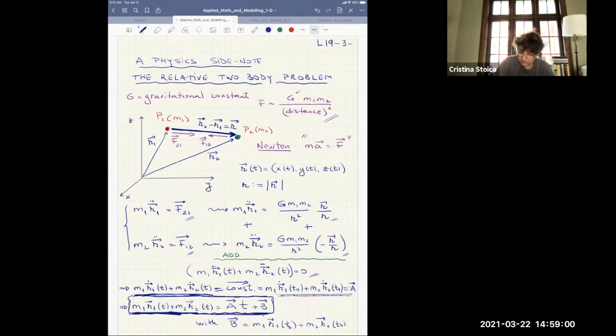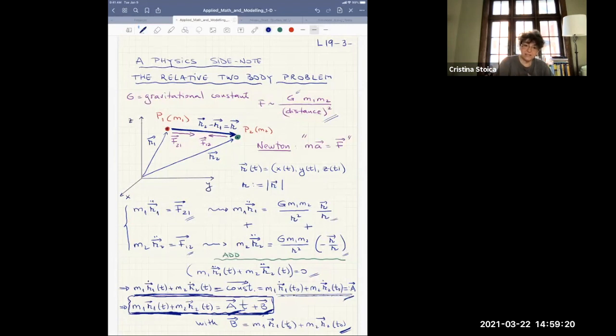What line? The line At plus B, with constant velocity A. And these vectors A and B are known because they're given by the initial conditions.